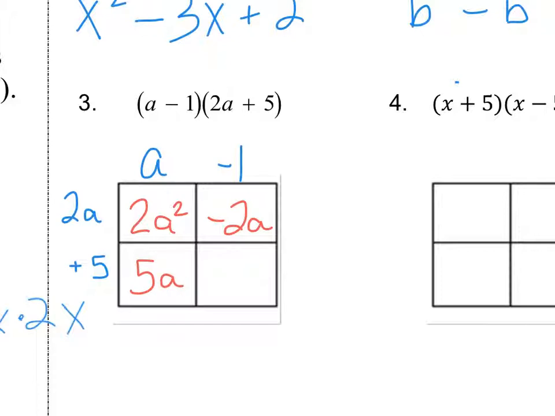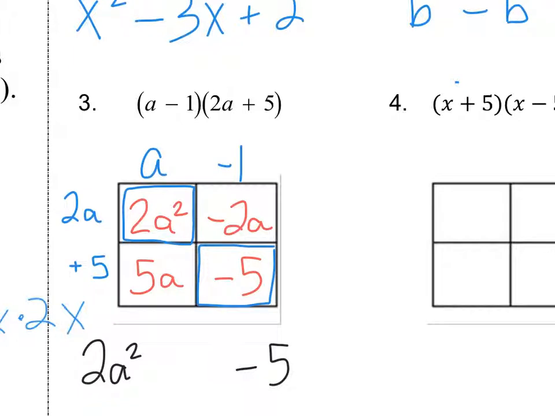And my last box right here is going to be 5 times negative 1, which is negative 5. Notice the pattern. My first term doesn't have anything like it, and my last term doesn't have anything like it. So I'm going to go ahead and put them there. Got my first term, 2a squared, and my last term, minus 5.